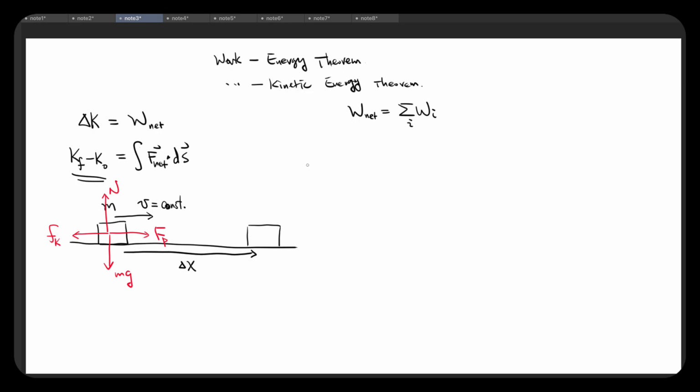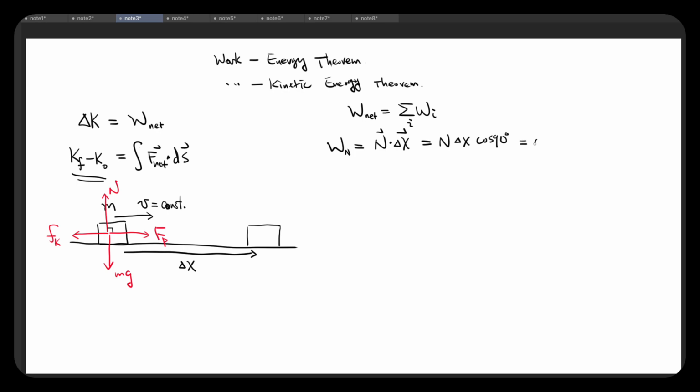Now let's start with the work done by the normal force. The normal force is perpendicular to delta x, right? They have a 90-degree angle. So when I do N dot product delta x, I get normal force magnitude times delta x magnitude times cosine 90 degrees.